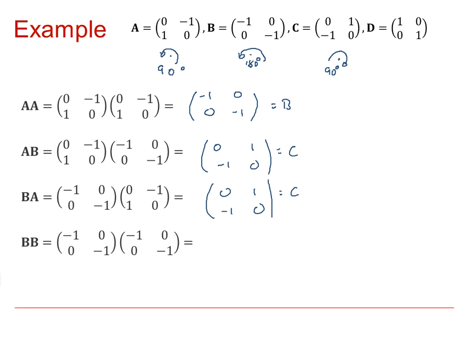Here we've got AB is equal to BA, so commutativity is true for this particular multiplication here, but in general it's not going to be the case. And finally, BB gives us the identity element, which of course you would expect because we've got two 180 degree rotations.